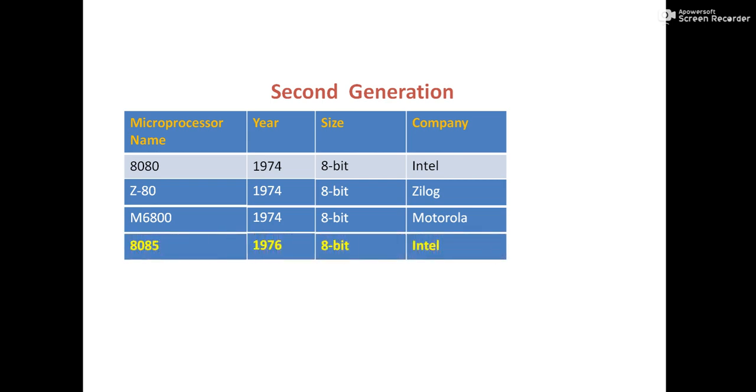After this, Intel introduced a very good microprocessor, that is 8085, in year 1976, which is of size 8-bit. This was commercially successful microprocessor, and that is the reason why we are studying 8085 microprocessor. You can have a look at 8085 microprocessor.